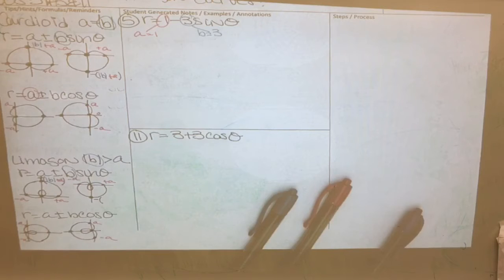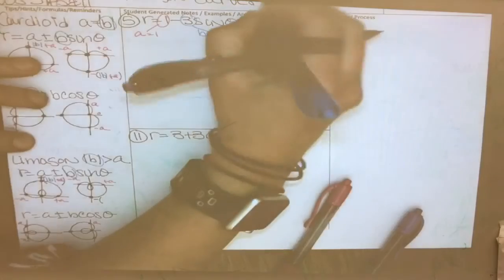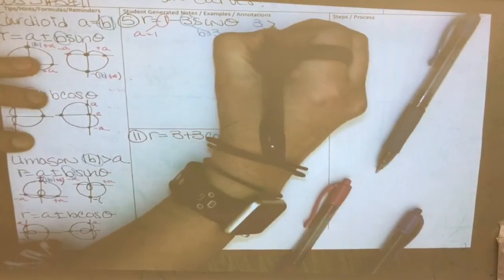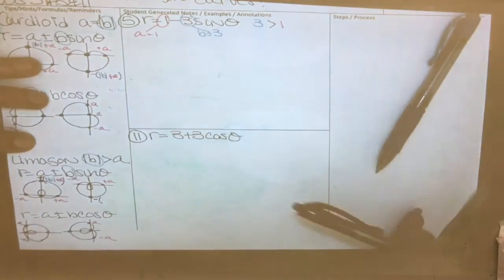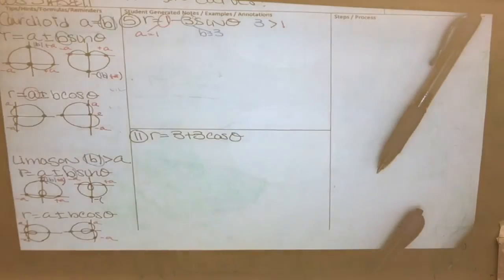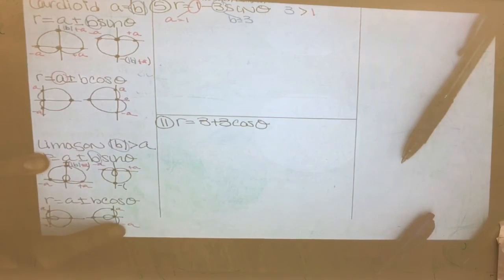Is it going to be a cardioid or a limaçon? What is it? Limaçon, and that's because the a and b value are not equal. Okay, 3 is greater than 1. So it's limaçon. And so I have to figure out which option is it.